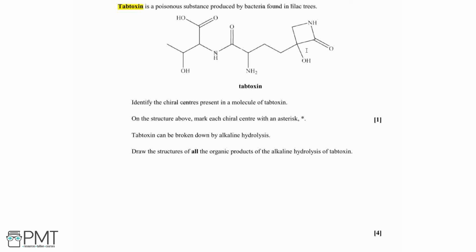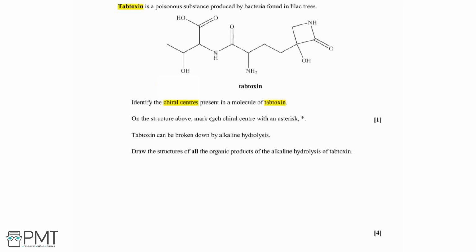Tab toxin, the structure shown here below, is a poisonous substance which is produced by bacteria found in lilac trees. And for this question, we need to identify the chiral centres which are present in a molecule of this tab toxin overall. So first off, let's think about what a chiral centre is.